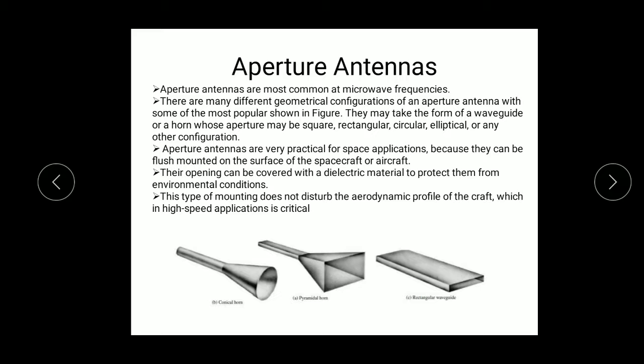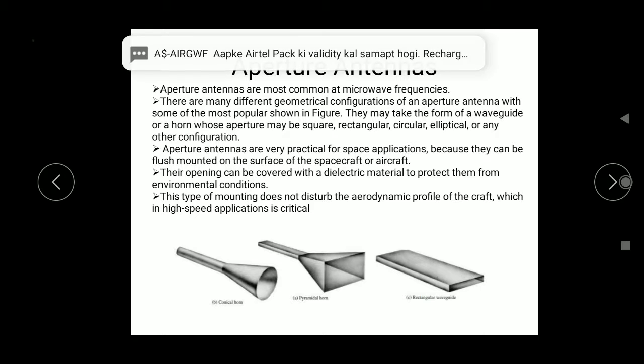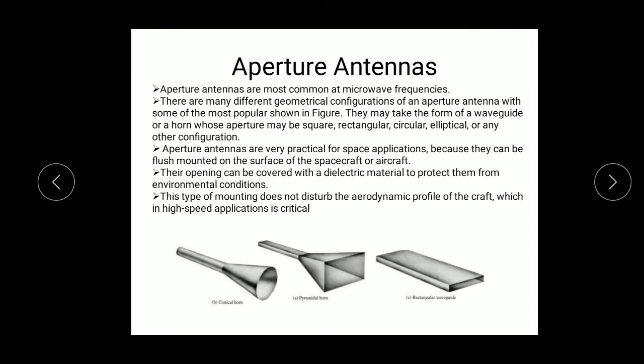This type of mounting does not disturb the aerodynamic profile of the aircraft, which in high speed applications is critical. So basically it is completely designed from metal. In case of the aerodynamic profile, this does not disturb the antenna patterns and characteristics.